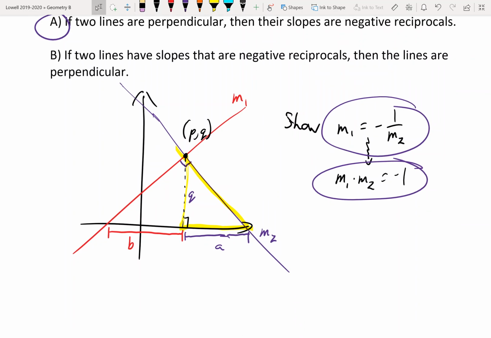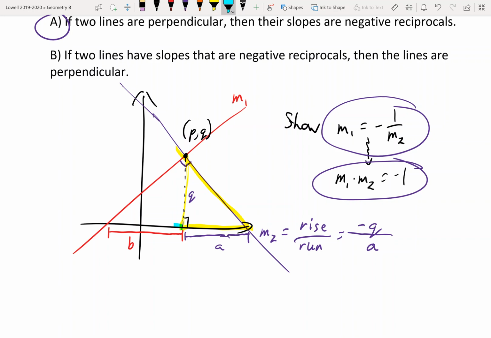For the second slope, M2, it's rise over run. My rise in this case is Q, but I'm going downward, so it's negative Q. My run is A units to the right. So my slope M2 is equal to negative Q over A.